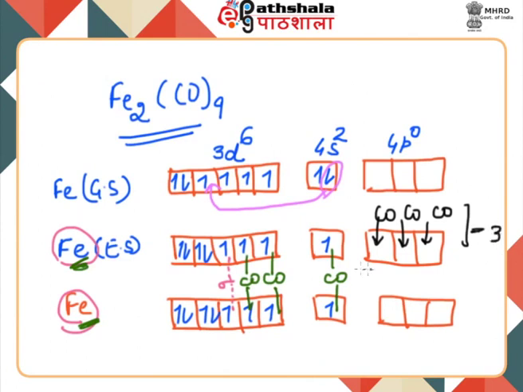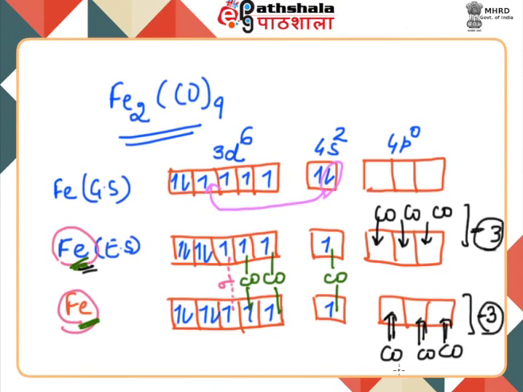So 3 are here on one iron, and similarly in these vacant orbitals there will be 3 carbonyls. So there are a total of 3 and 3, 6 terminal carbonyls, and what you can see here, these are the 3 which are between these 2 irons, and they are the bridging carbonyls.